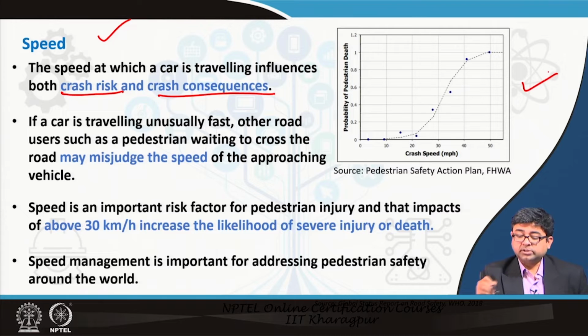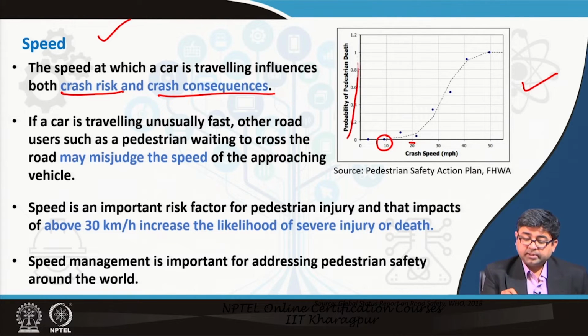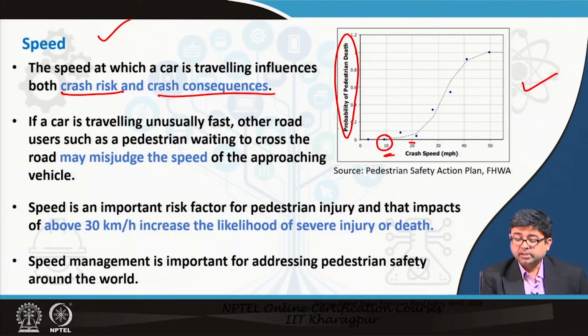What this chart says is that if the crash happens at a lower speed, right, the probability of the pedestrian succumbing to the injuries is very low. So, if somebody is traveling at 10 miles per hour and hits a pedestrian, the probability that he or she would pass away as a result of that injury is even less than 10%, right.